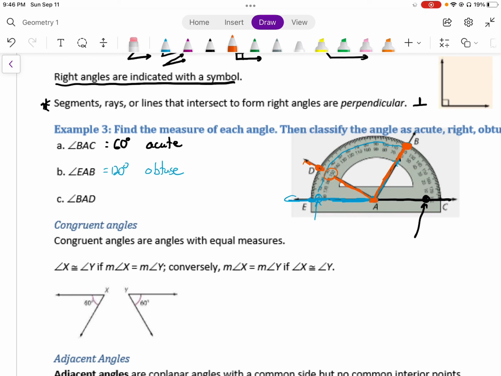So let's say we pick the inner. That's at 150. And stay with the inner. This one here is 60. We can say this is going to be 150 degrees minus 60 degrees, and that is 90 degrees. Well, that's a right angle.